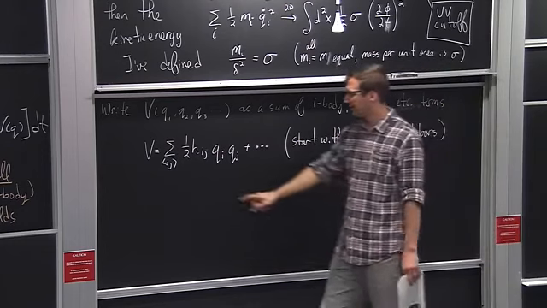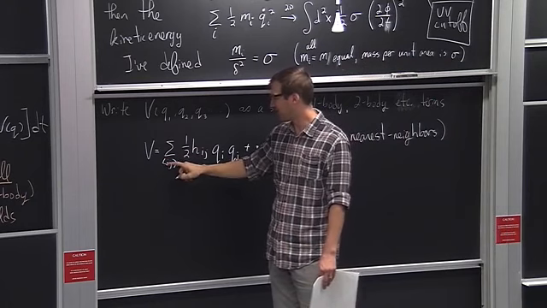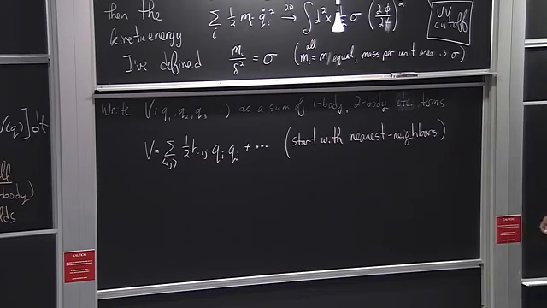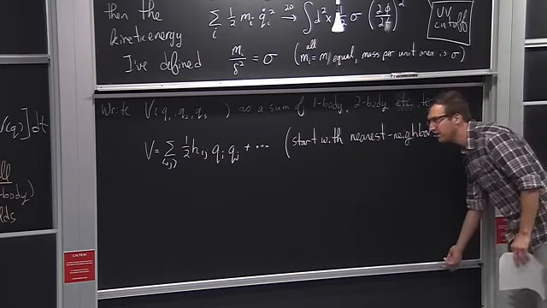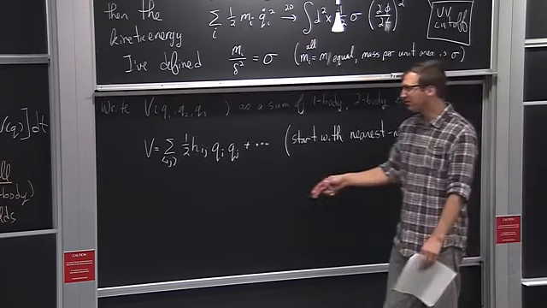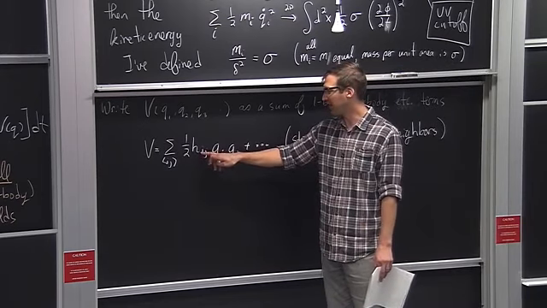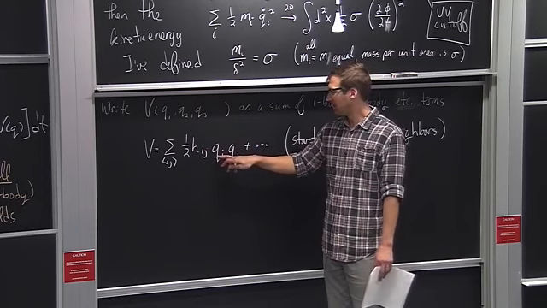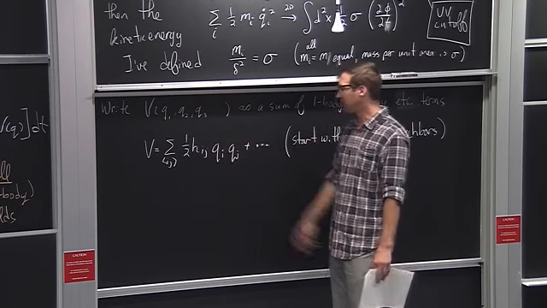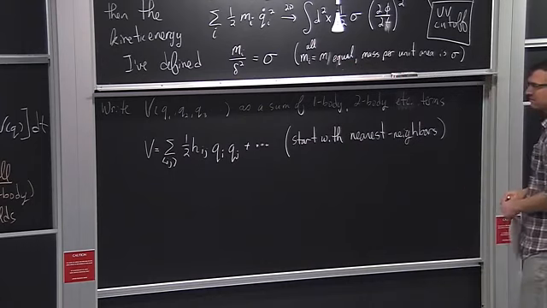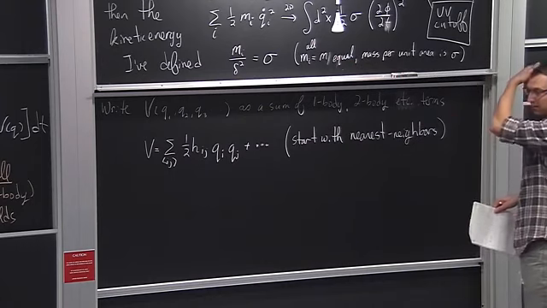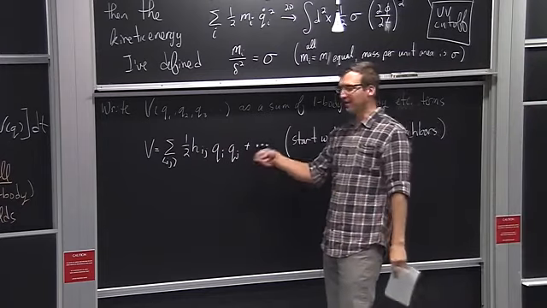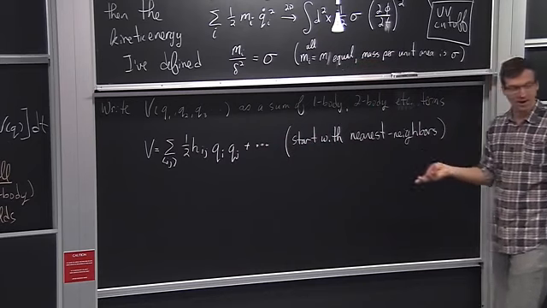Remember this angle bracket, ij, angle bracket means nearest neighbors on a lattice. Okay, so I've just written an interaction term, parameterized by H_ij. So who knows what this thing is? This has to come from your microscopics, where Qi and Qj are related by H_ij for every single nearest neighbor pair. And this would be the analogy to your Ising interaction or your Heisenberg interaction or something like that.